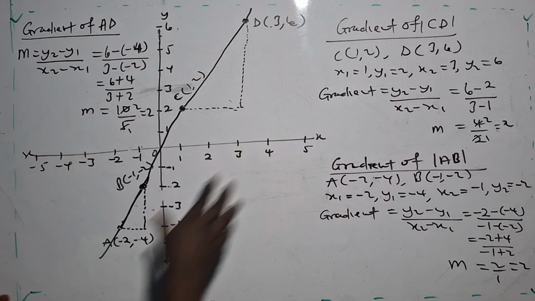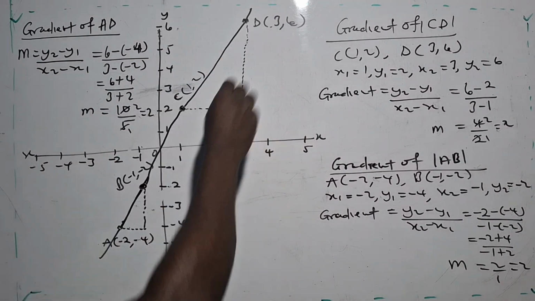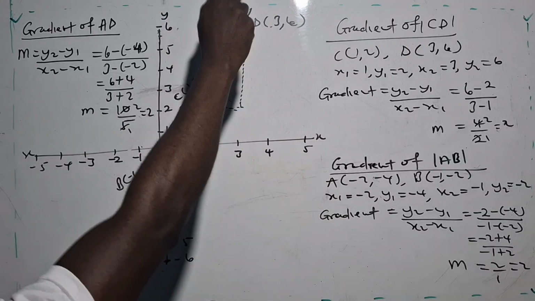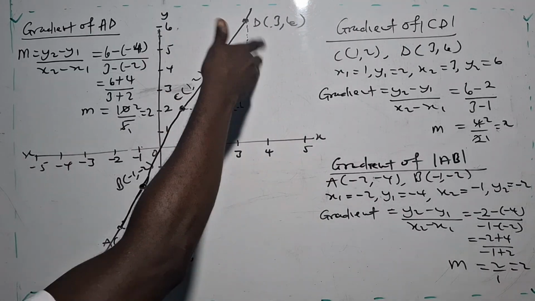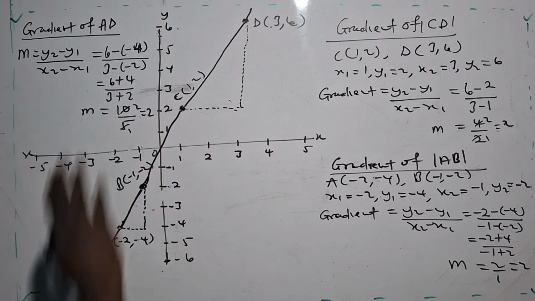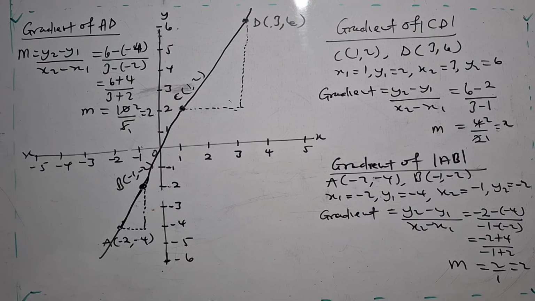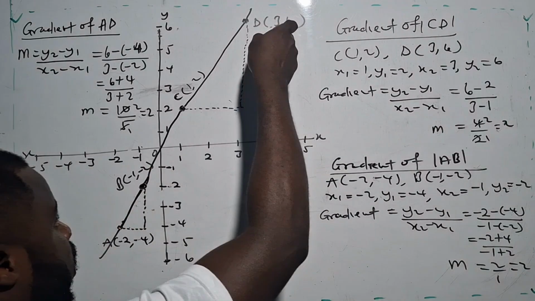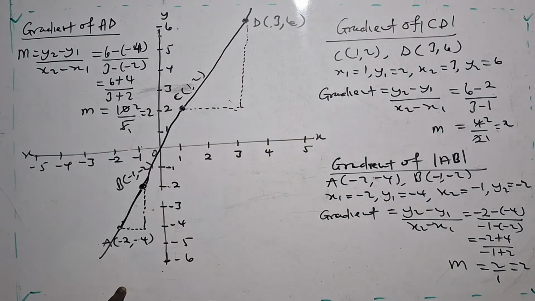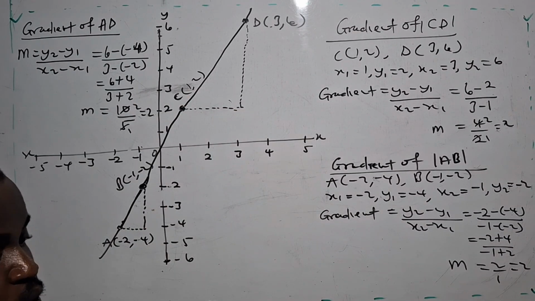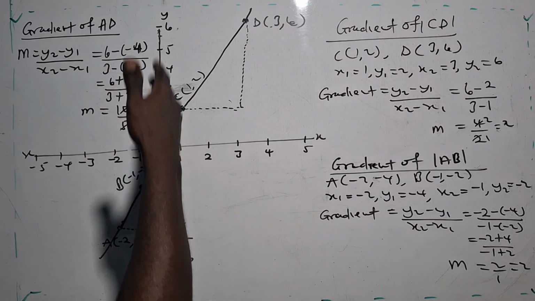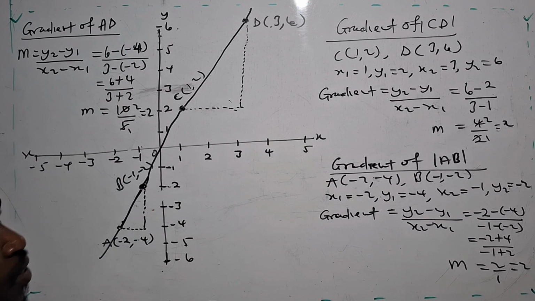So when they give you the question after plotting, wherever you pick the gradient, you have to indicate it on the straight line. The dotted line forms a triangle to show where you pick the point from. Somebody can also pick the top one, the down one, then the 2 middle ones. You still get the same gradient because they are on the same line. So this is how we calculate the gradient on a given straight line.